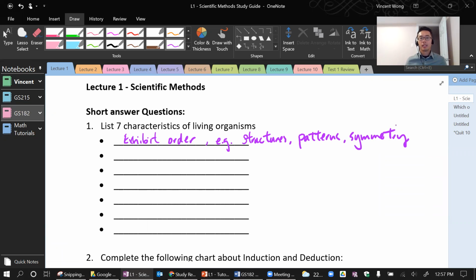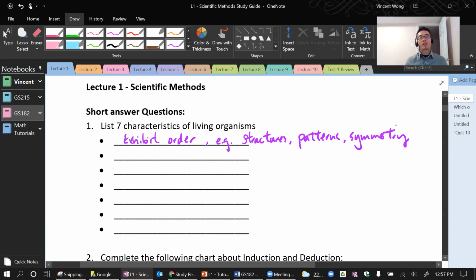If you think about animals, they have left-right symmetry. If you think about flowers, there are patterns. Living organisms have various structures that are specialized in doing a specific function. So all living things will have some kind of order.